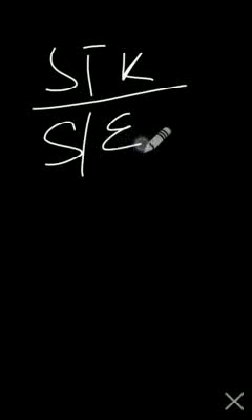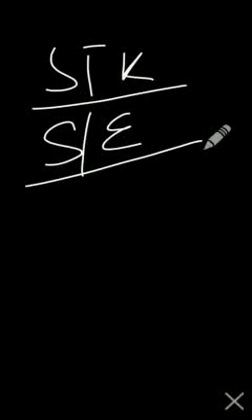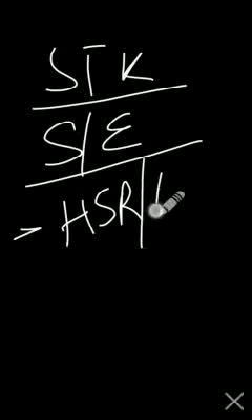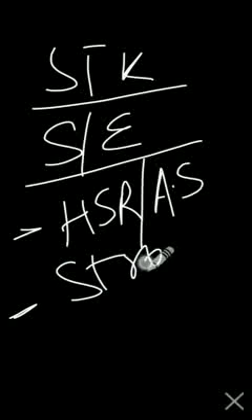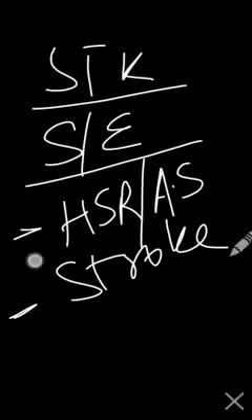Then the side effects of streptokinase. Since it is obtained from the microorganism streptococci, it can cause hypersensitivity reaction or anaphylactic shock. Since it causes fibrinolysis, there is increased risk of bleeding, and it could cause brain hemorrhage leading to increased risk of stroke.